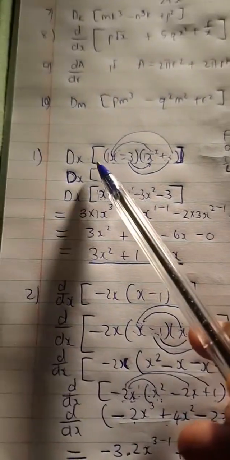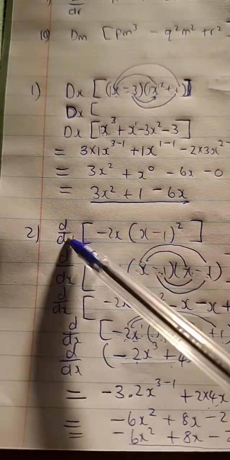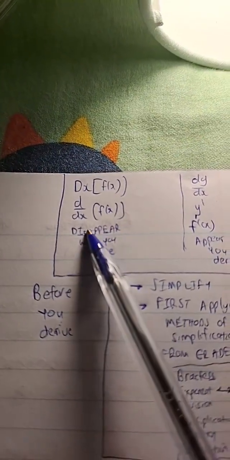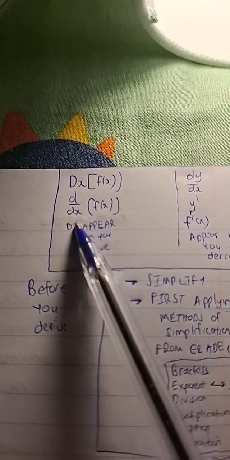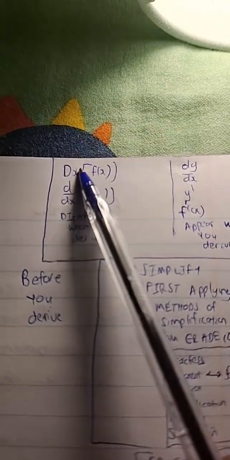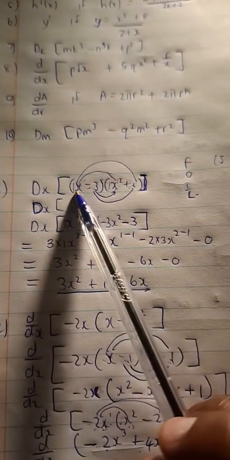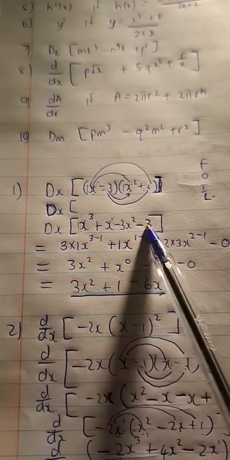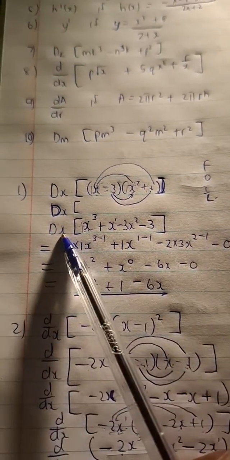Remember, for these ones, d over dx, I said that whenever we are ready to derive, this particular notation disappears. For instance, you saw that I would simplify what's inside the bracket until I'm ready to derive.